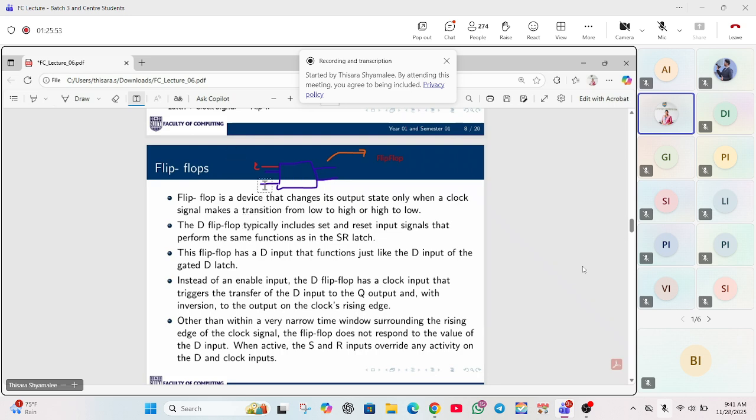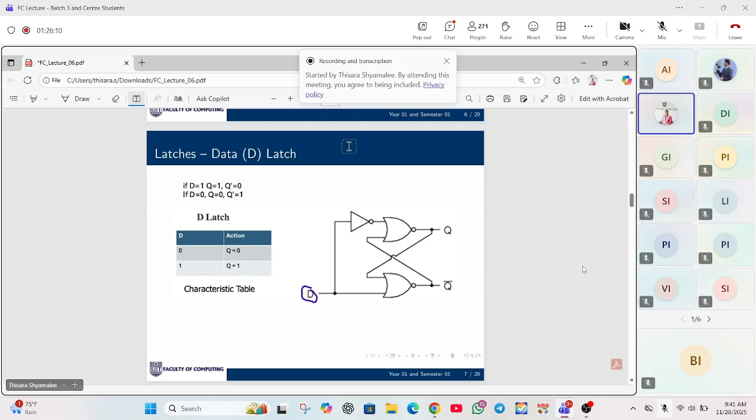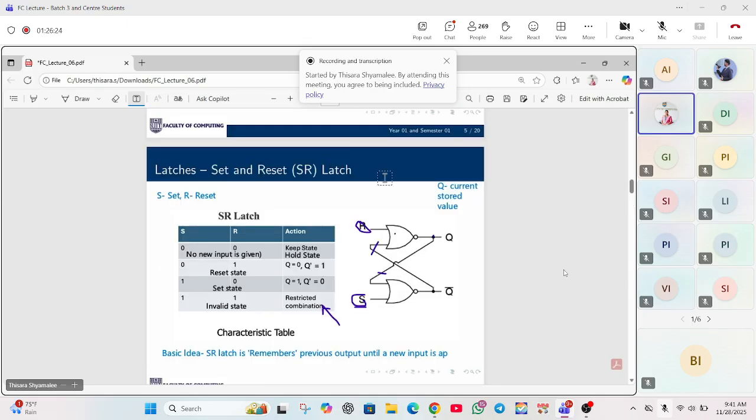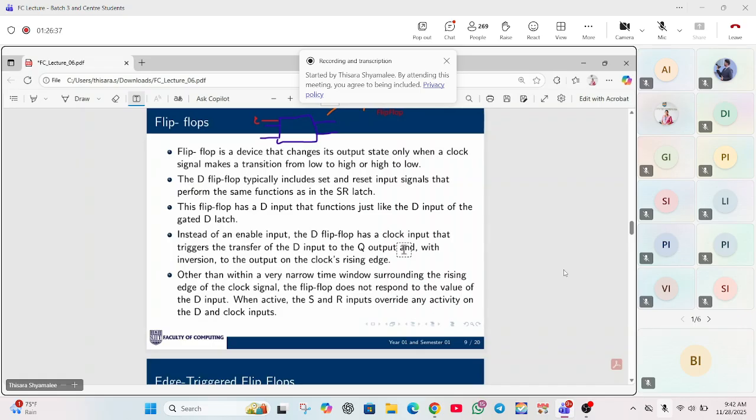As it is, when we add the clock signal to the SR latch, it becomes an SR flip-flop. So D latch plus clock signal gives D flip-flop.